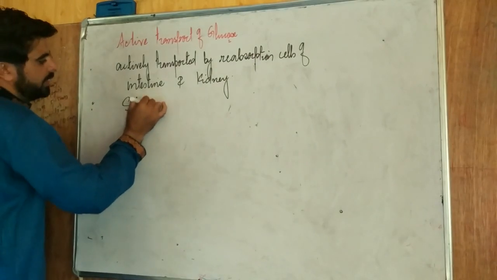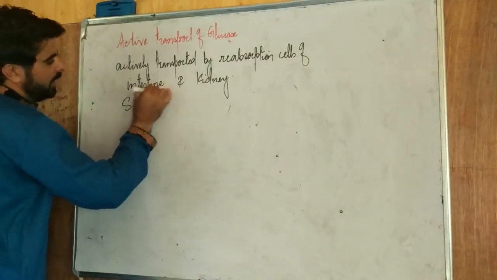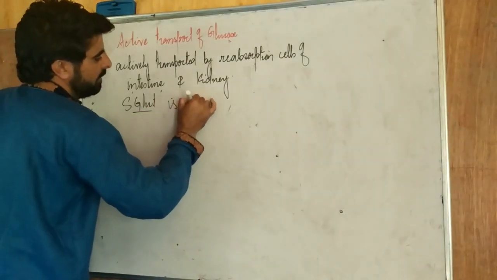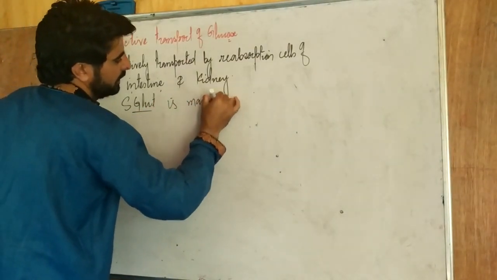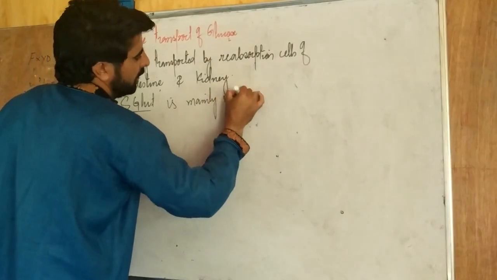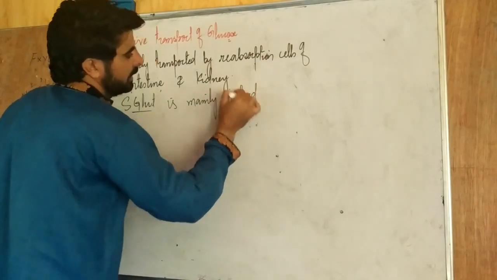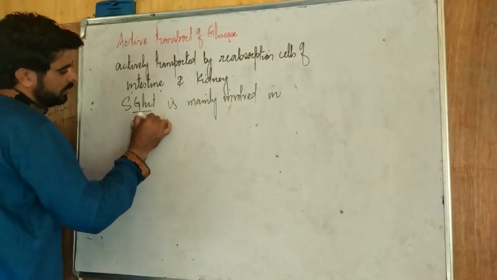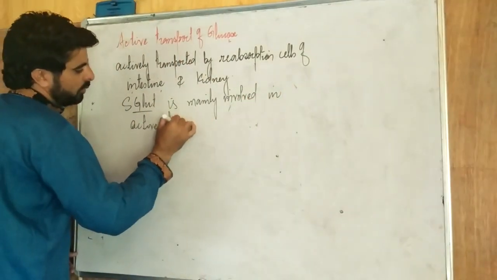SGLT, that is sodium ion dependent glucose transporter, is mainly involved in active transport of glucose.